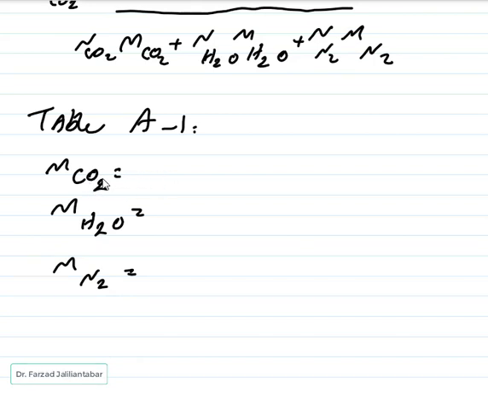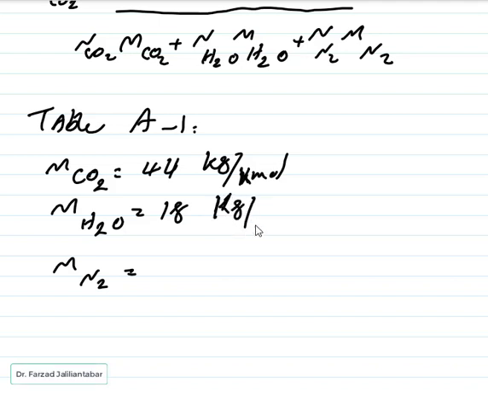For CO2 the molar mass is 44 kg per kilomole. For the H2O the molar mass is 18 kg per kilomole, and for nitrogen it is 28 kg per kilomole.